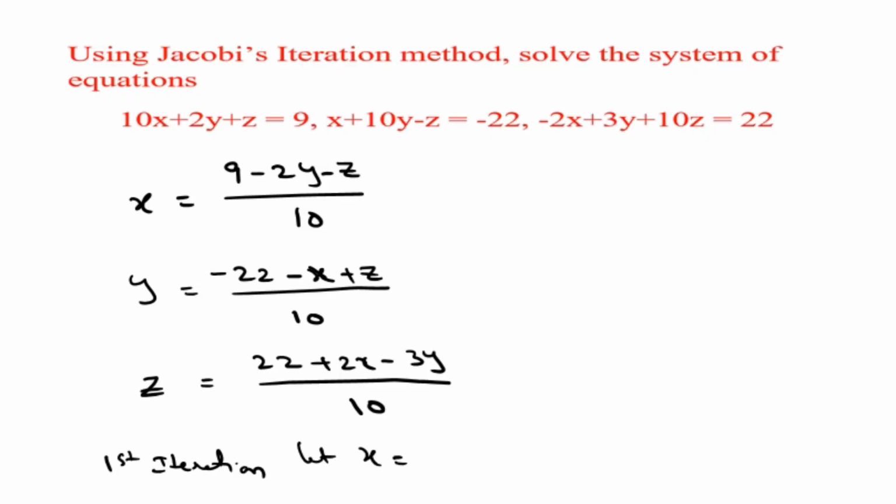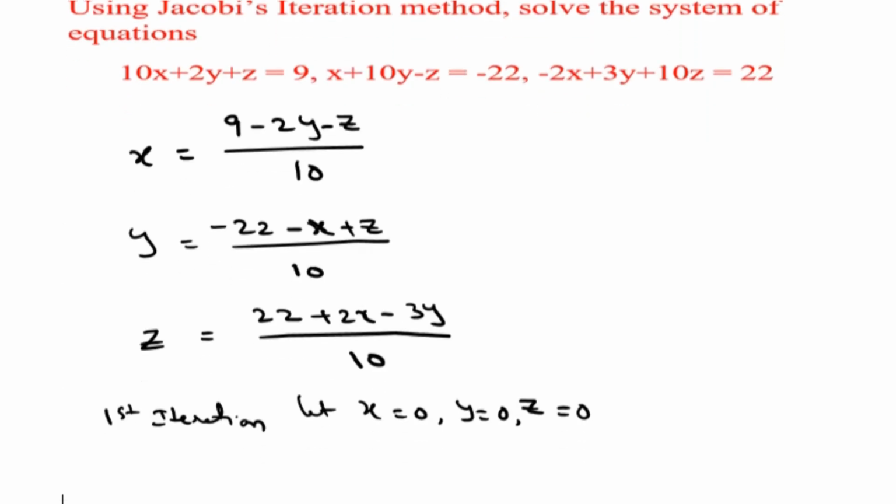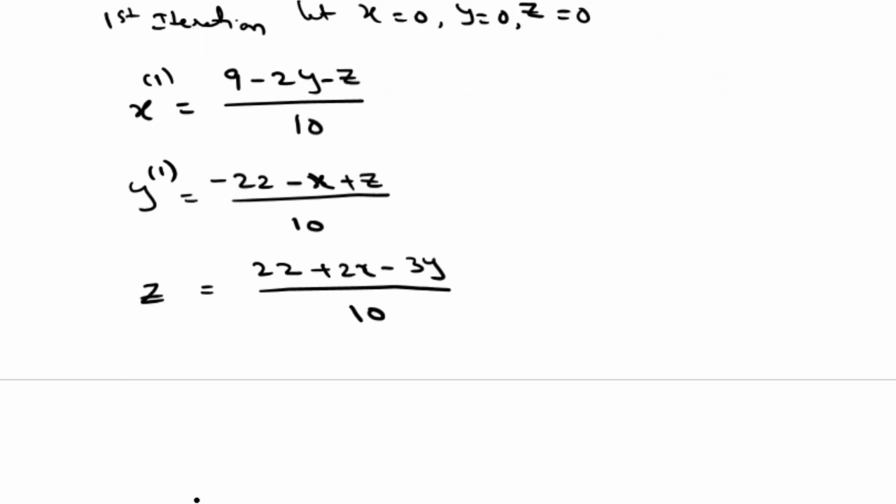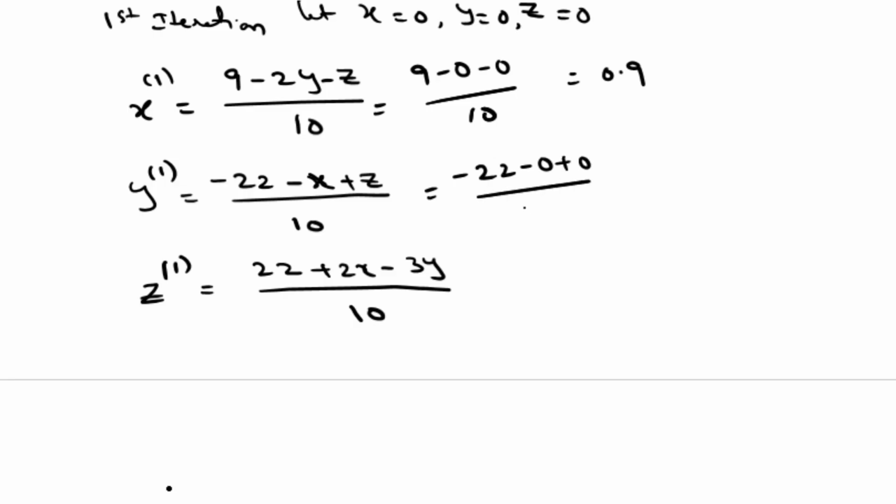let x equal to 0, y equal to 0, and z equal to 0, and we will find out the values of x, y and z in the first iteration. Now x in the first iteration is equal to 9 minus 0 minus 0 by 10, which is equal to 0.9. y is minus 22 minus 0 plus 0 by 10 equals minus 2.2. z in the first iteration is 22 plus 0 minus 0 by 10 equals 2.2.